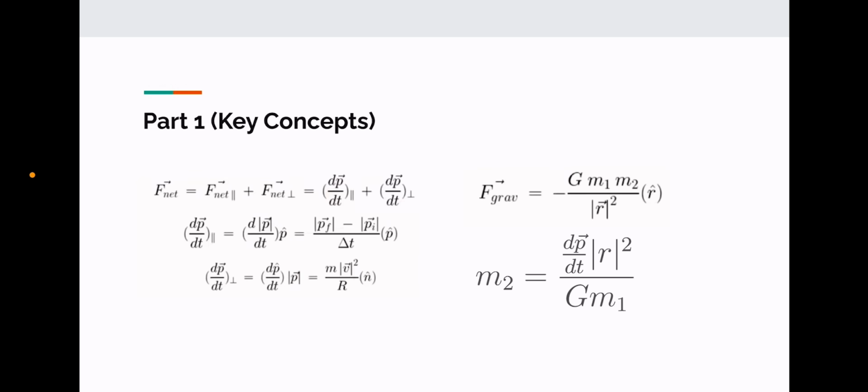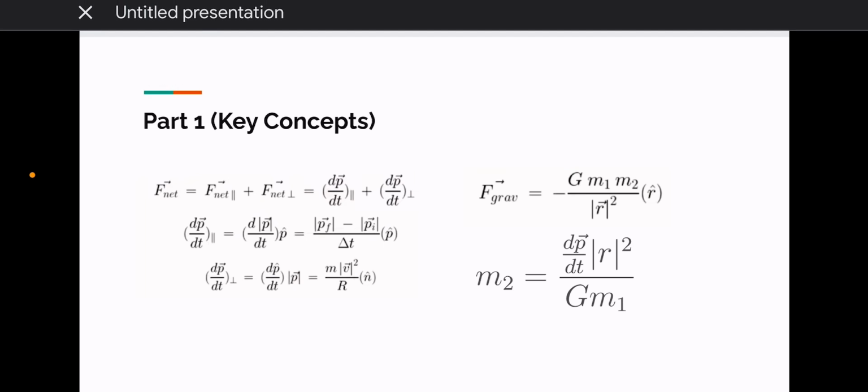Part 1, key concepts. We have F net equals F parallel plus F perpendicular, which is equal to the rate of change of momentum with respect to time, the perpendicular component of that plus the parallel component of that. Below we have the definitions of the ways to find the perpendicular and parallel components of the net force, which is equal to the rate of change of momentum over time.